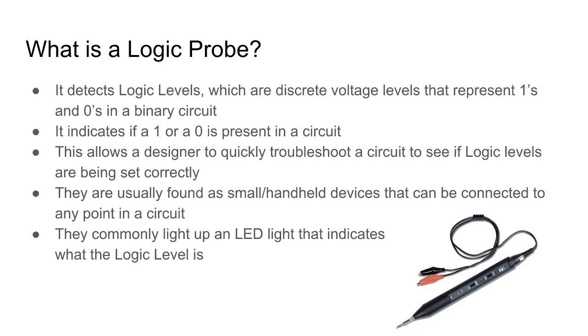The way they operate is they connect to the power supply of your circuit, so it's essentially a device that is powered by the circuit that you are reading, and it will indicate with an LED on the device. You can see at the bottom right there's a red triangle and a green triangle, which indicates either a high state or a low state.